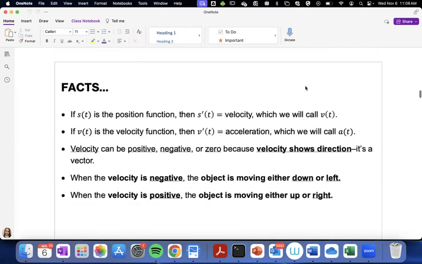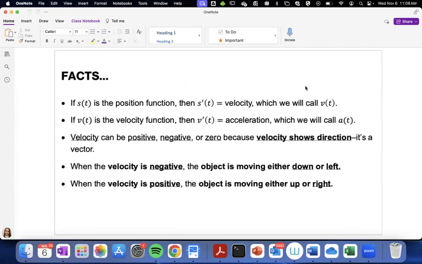A couple more things, and these are just facts on your paper, so we're just going to go through these. Here's the crux of the lesson today. If S of t represents a position function or a height, we use S of t to represent position. S prime of t, the derivative of position, is velocity. S prime of t is v of t. We use v of t to represent velocity.